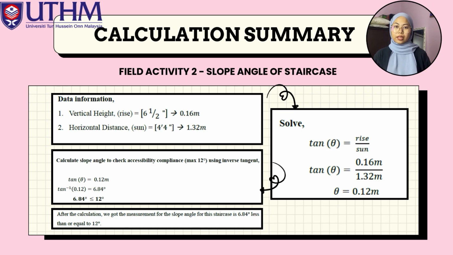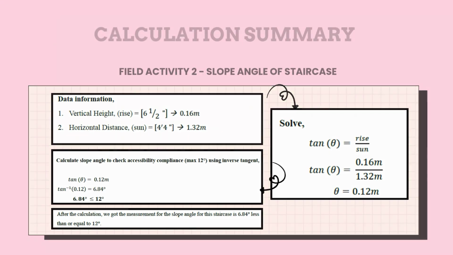To determine the angle, we take the inverse tangent of 0.12, which results in 6.84 degree. This shows that the staircase has a slope angle of 6.84 degree, and importantly, this angle is below the maximum limit of 12 degree, meaning the staircase meets the accessibility and safety requirements.